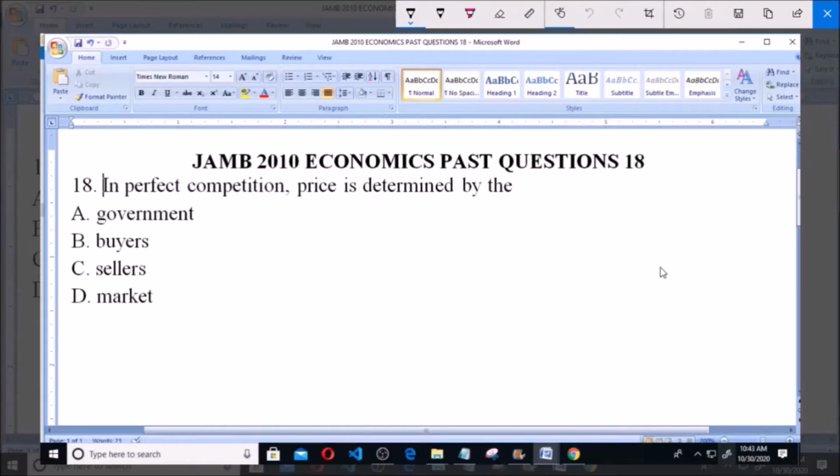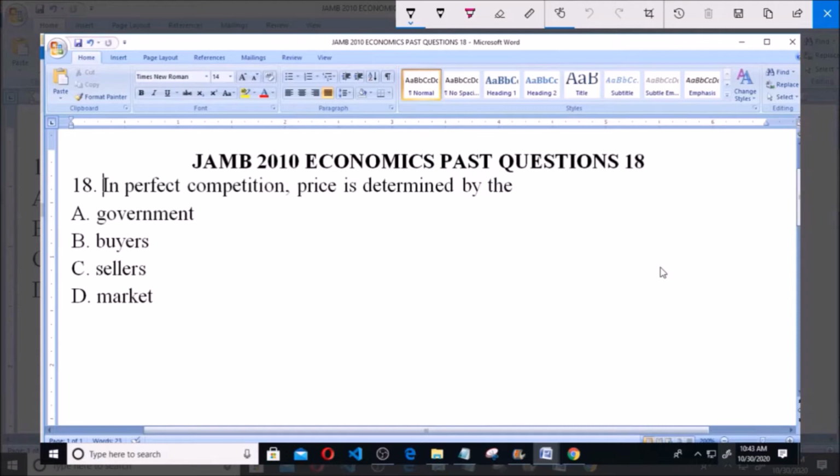The following are the conditions necessary for perfect competition: large numbers of buyers and sellers, free entry, free exit, perfect knowledge, no preferential treatment, common price, portable goods, homogeneous goods, and easy transfer of factors of production.